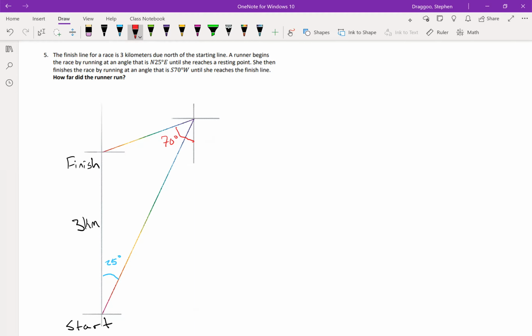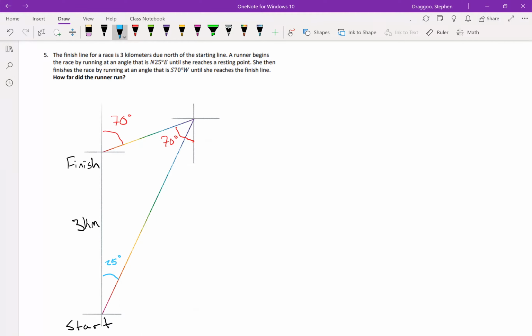So what that means is that while the second angle marked in red is 70 degrees to the southwest, that means if I measured from the finish line, I should have a 70-degree angle to the northeast if I wanted to backtrack.